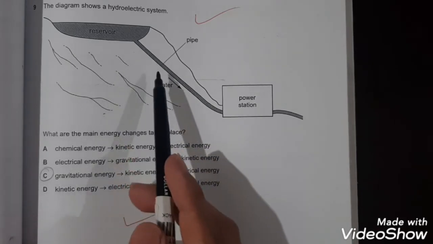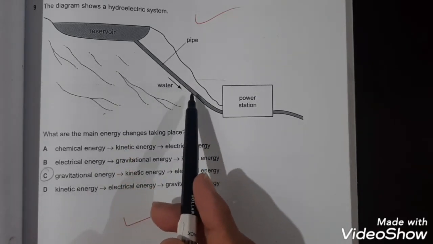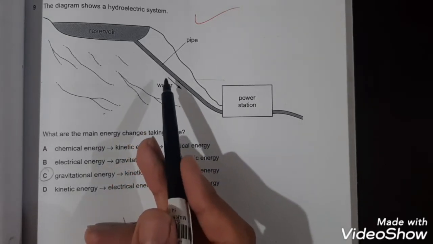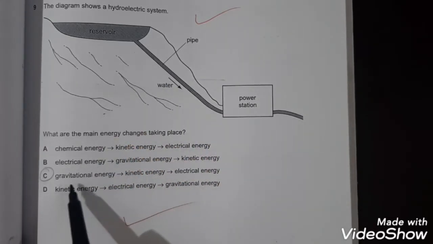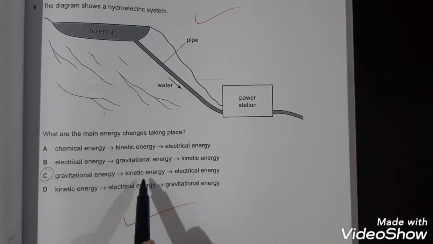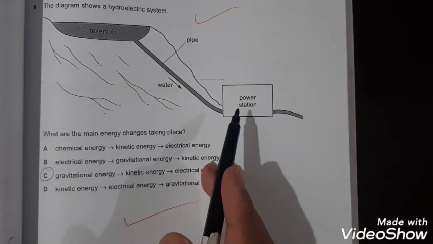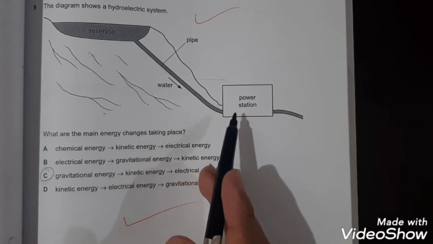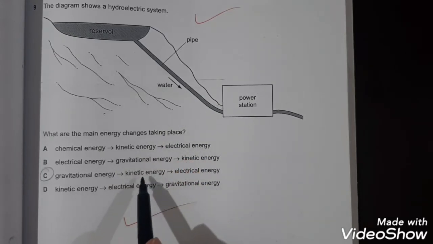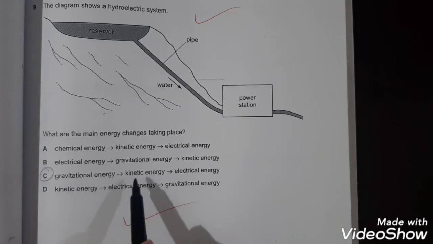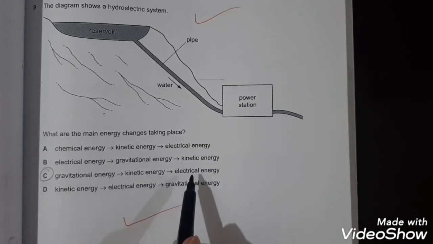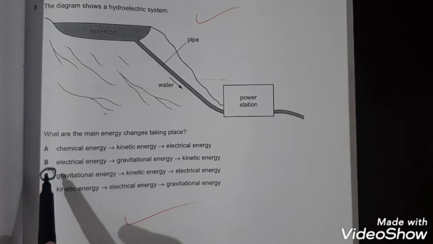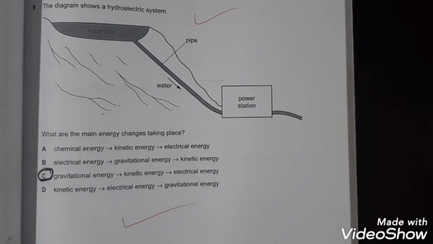Then it moves through the pipe, which is then converted into kinetic energy as it is moving downwards. So from gravitational potential energy into kinetic energy, and then in the power station the kinetic energy is converted into electrical energy. So from gravitational energy to kinetic energy and then into electrical energy. So C will be the correct answer for question 9.